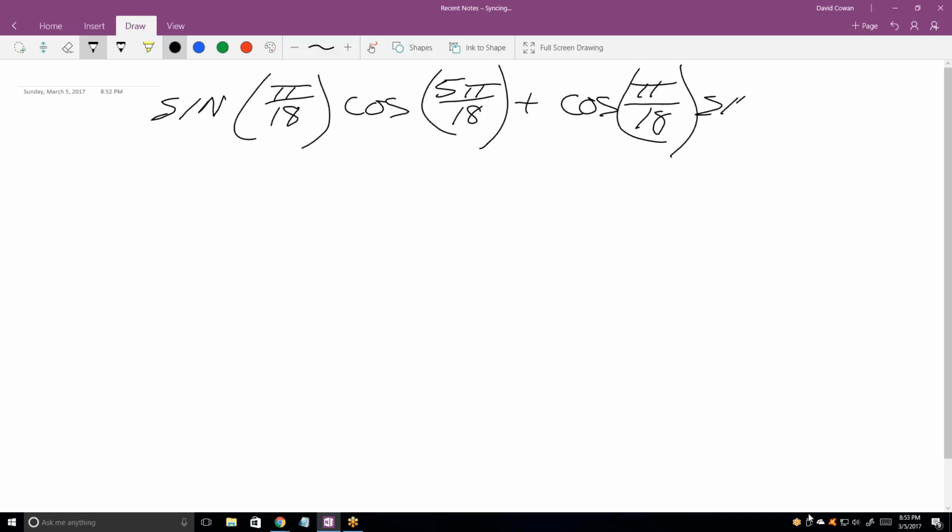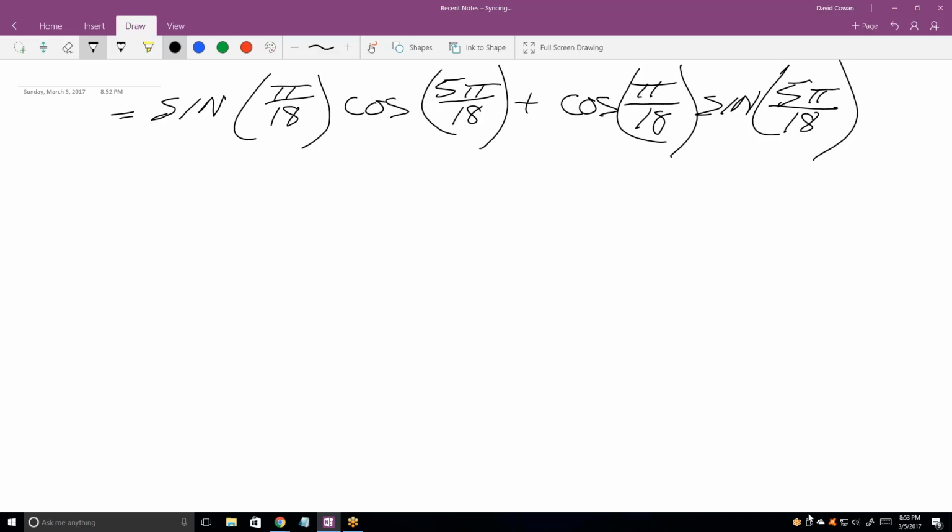What they're basically looking for here is to make sure you're recognizing the right side of the sum and difference formula. Of which one? Is this sine sum and difference or cosine?